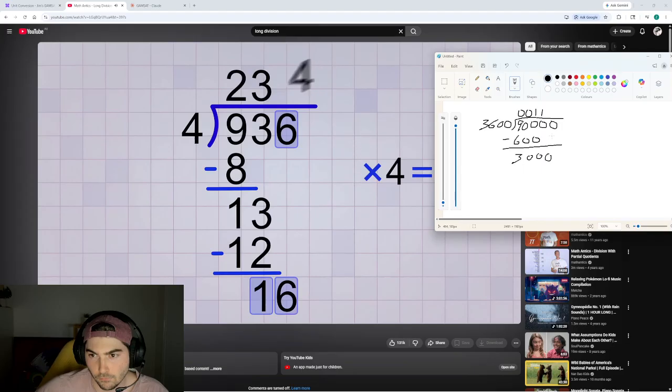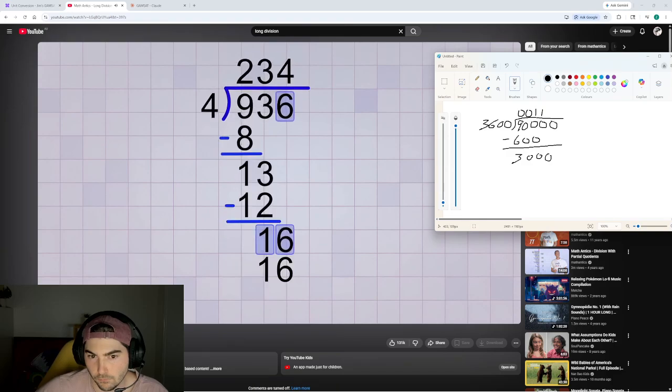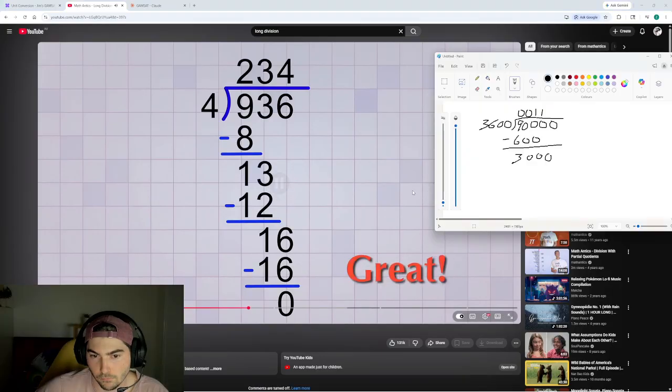So we put a 4 in the last place of our answer line, and then we write the 16 below our new remainder. Now, if we subtract 16 from 16, we see that our last remainder will be 0, which means there's no remainder left. That's great.